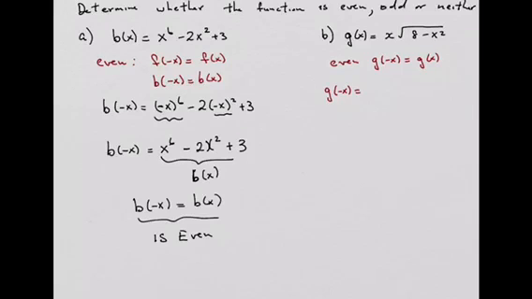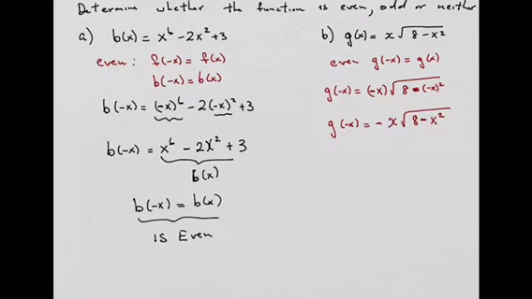Well, g of minus x is minus x times the square root of 8 minus minus x squared. So g of minus x here is equal to minus x, the square root of 8. Now be very careful with this minus here, and if you square a negative, you will still get it as if it's a positive.